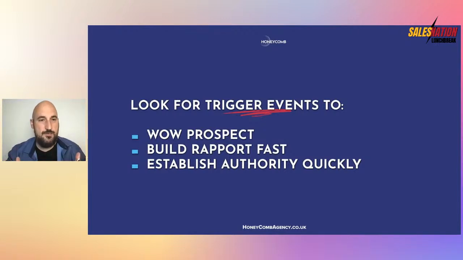So we know what we're talking about. We know the industry, we know the sector, we know the solution that we provide and the problems and challenges that we help solve. But also we want to establish authority about our knowledge of the prospect and the prospect's business.